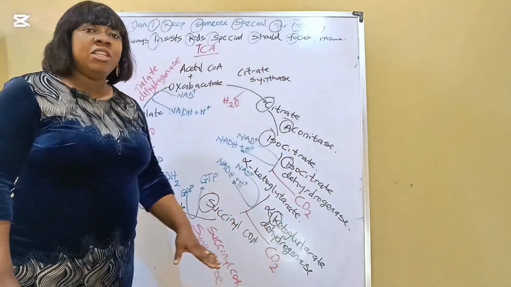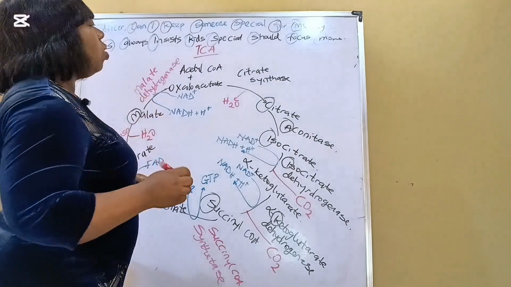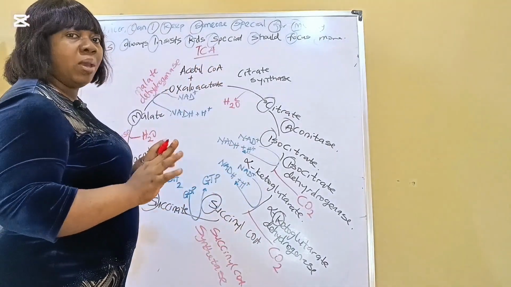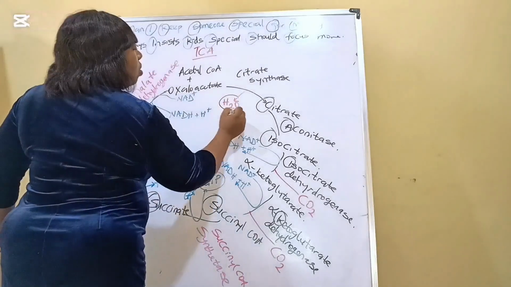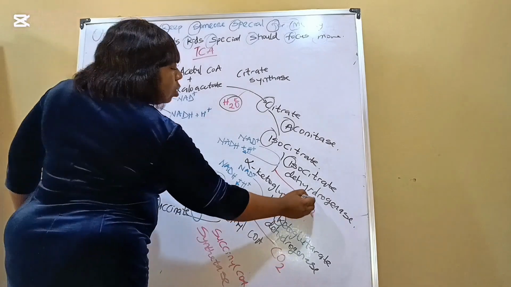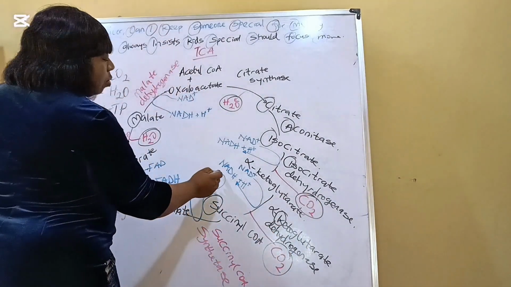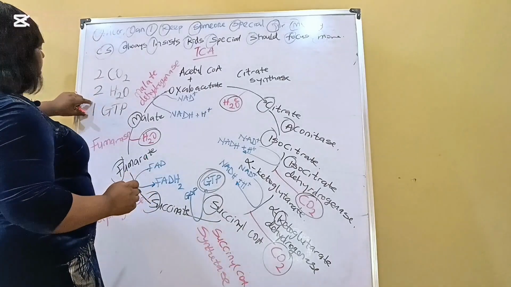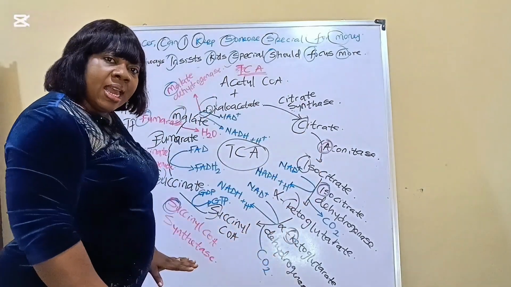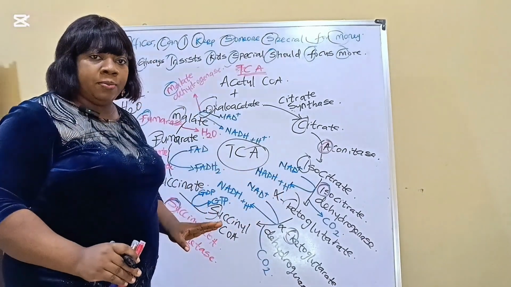So, in total, for this TCA cycle, the direct products of this metabolic pathway are two molecules of H2O, two molecules of CO2, and one molecule of GTP. Now, other products that we get are the electron carriers.